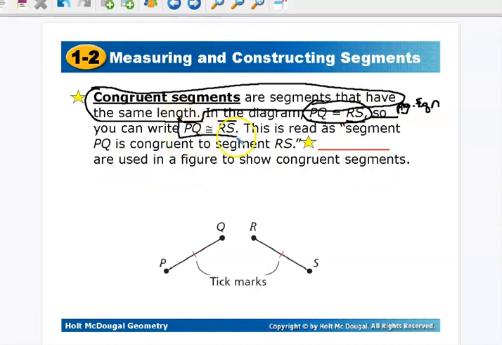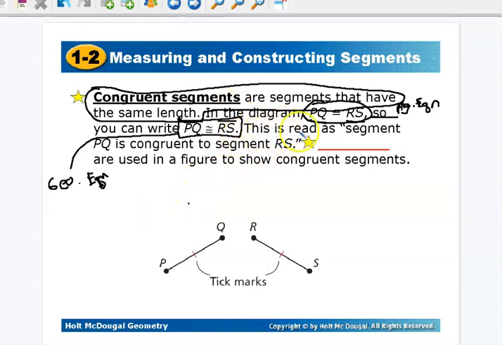This here, where we have the lines above our points, PQ and RS, this is called a geometric equation. There we go. Geometric equation. Okay. They are different.